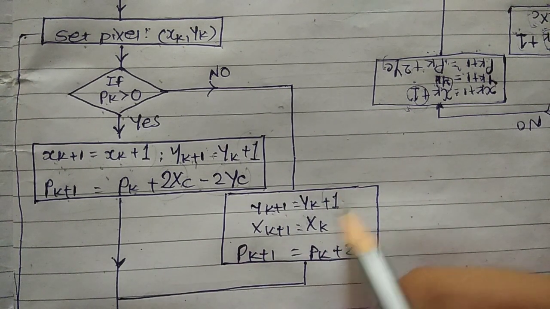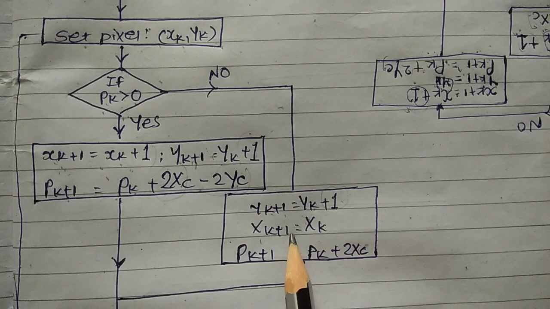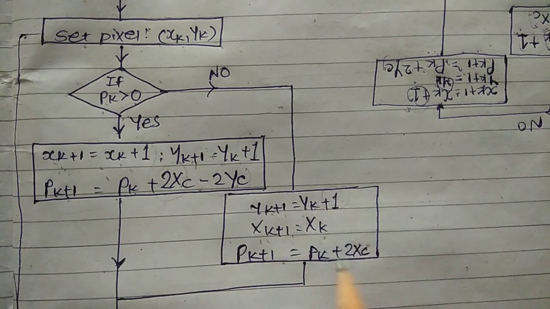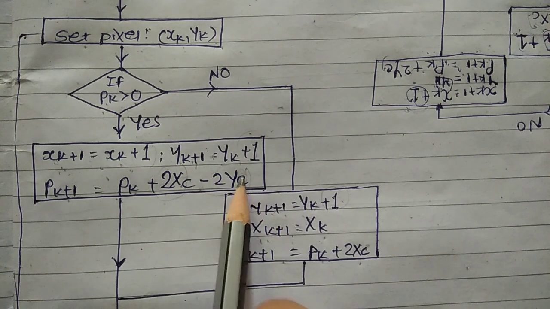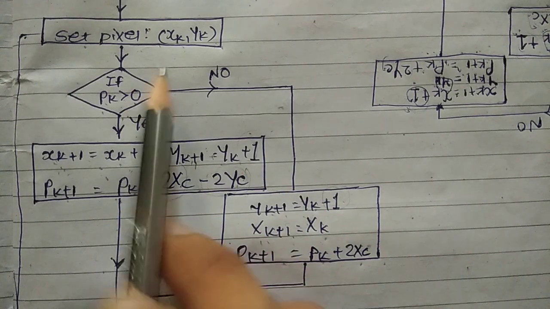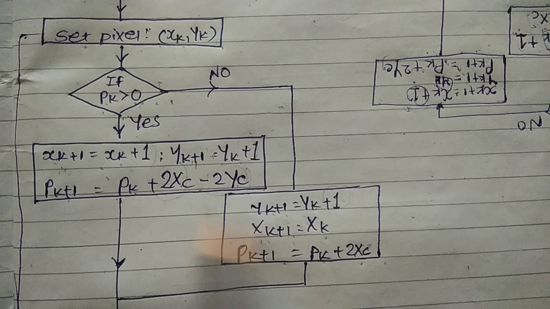We add 1 only in the y coordinate, and the x coordinate remains constant, like xk plus 1 equals xk. And what is the pk plus 1 value? pk plus 2xc. We do not need to subtract the 2yc value if the condition is pk less than 0, that is, the value of pk is negative.